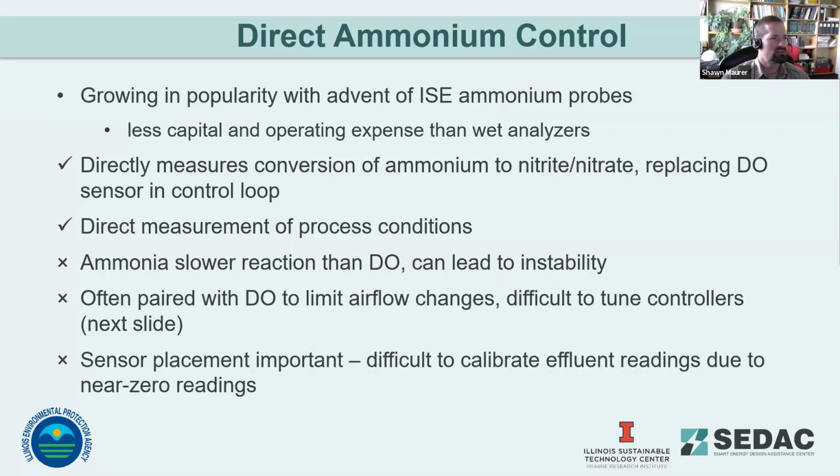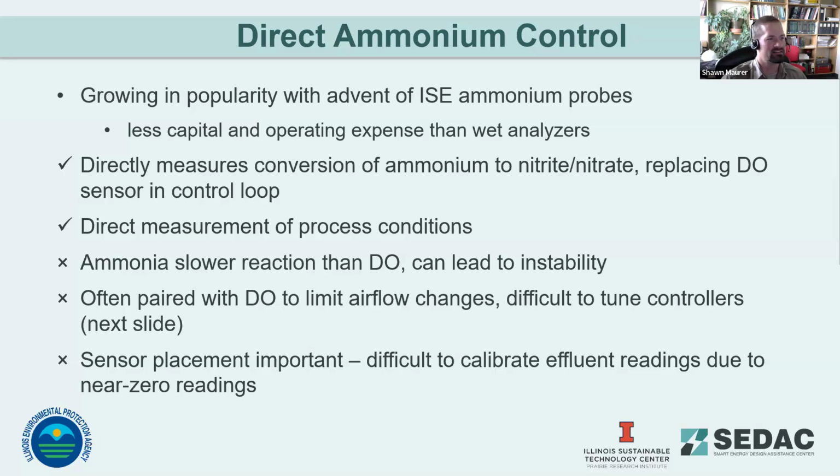Direct ammonium control has been growing in popularity since ion selective ammonium probes have been developed. Typically with a wet analyzer, there's a delay in control readings, so they weren't as helpful for controlling aeration processes outside of batch processing.